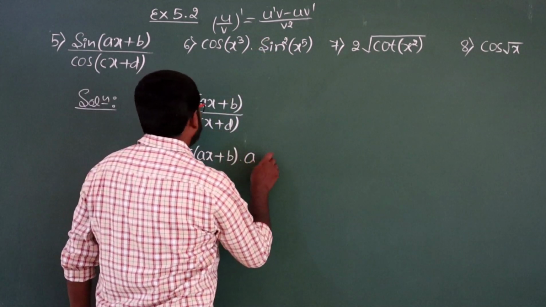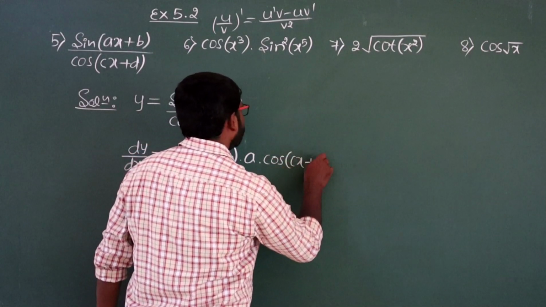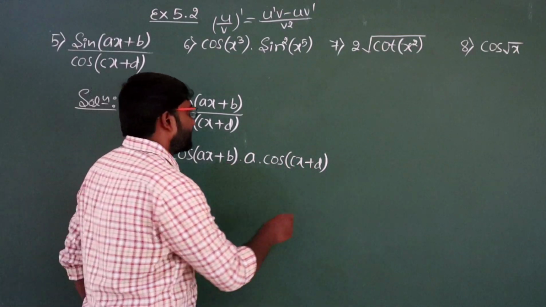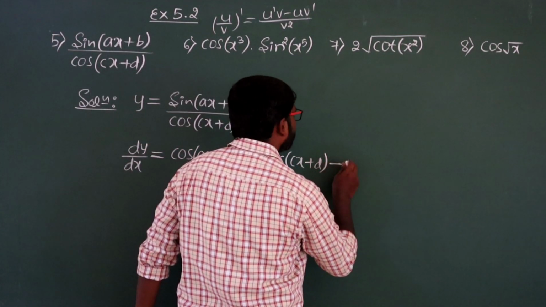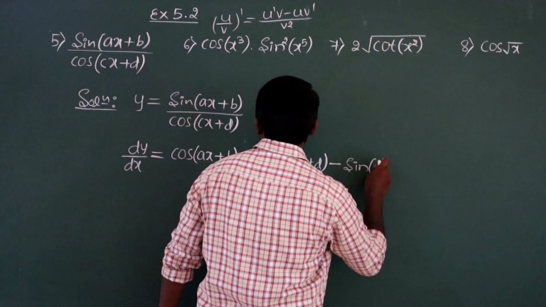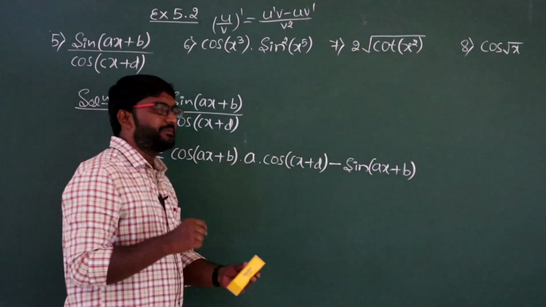We will have to write the denominator as it is, cos of cx plus d. Then minus u, that means we write the numerator as it is, sin of ax plus b.